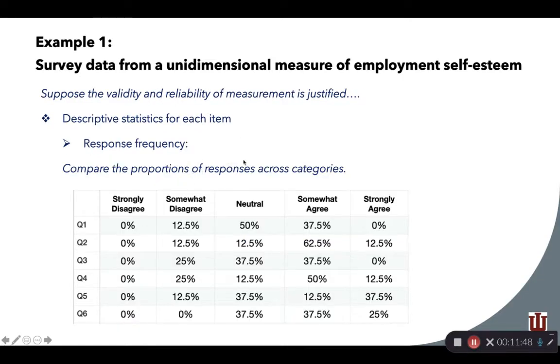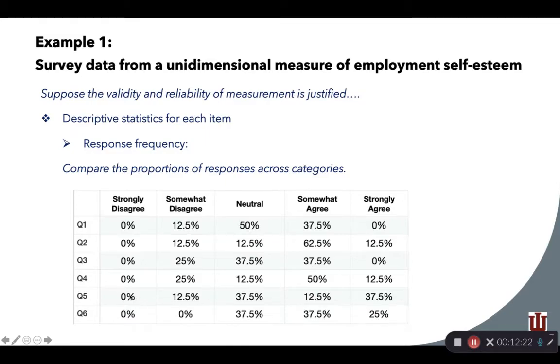And another descriptive statistic we can consider to report is the response frequency. So this actually is reported for each question. What are the proportions of responses across categories? So remember our data, we have 8 participants. So here we say, for example, for question 1, we have half of the participants responding neutral.